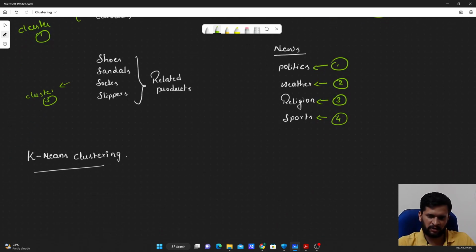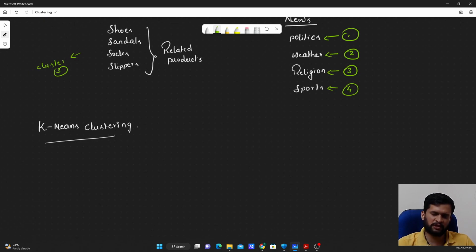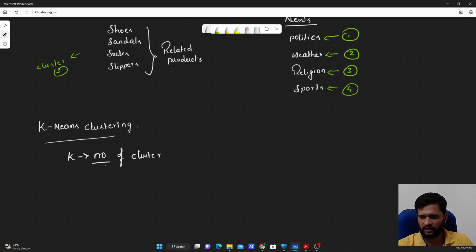So in this particular case, I am going to talk about something called as k-means clustering. Okay, so k-means clustering, there is no expansion for this k-means as such. So here k stands for the number of clusters. Okay, this is capital K, or we can understand this as number of clusters. So given m data points, okay, if we have m data points with us, we have to group these m data points into this k clusters.